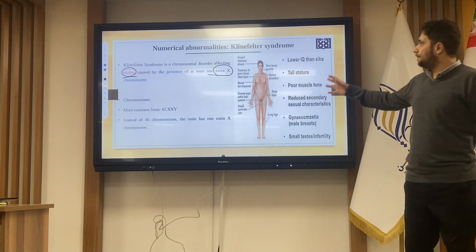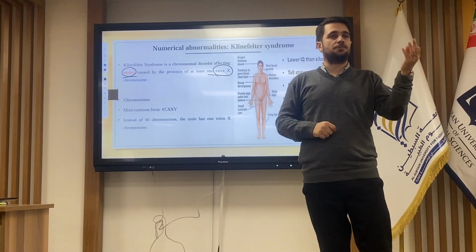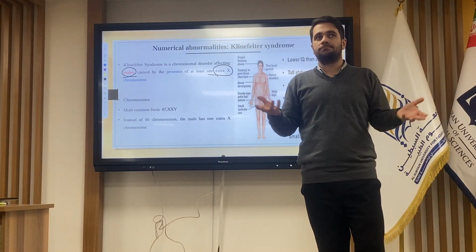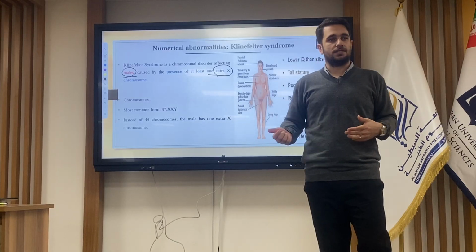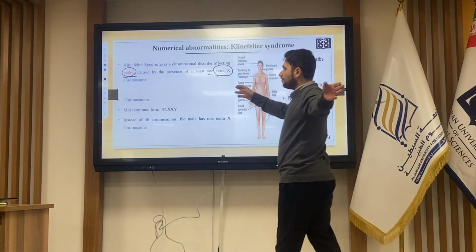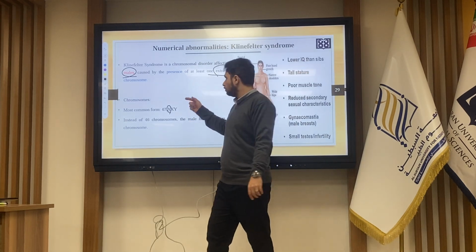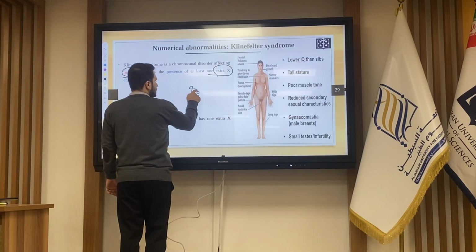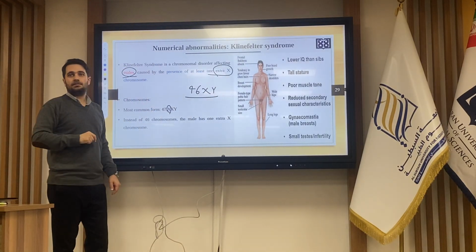So we have lots of numerical abnormalities. I just bring three usual examples of these diseases. As your friend said, we have an extra X. I told you, we have 46 XY in men.